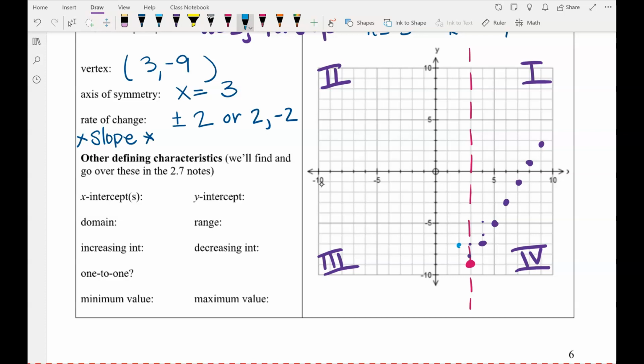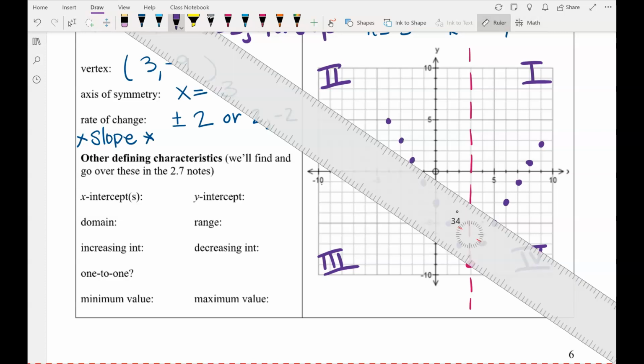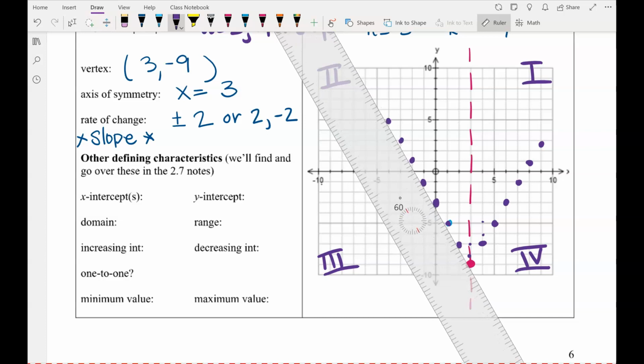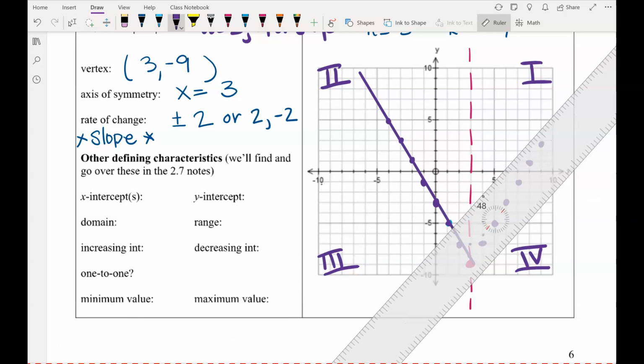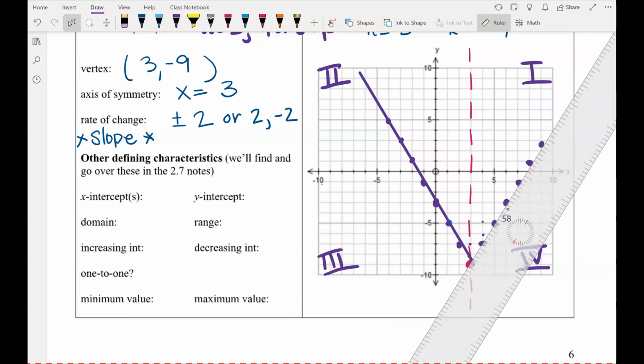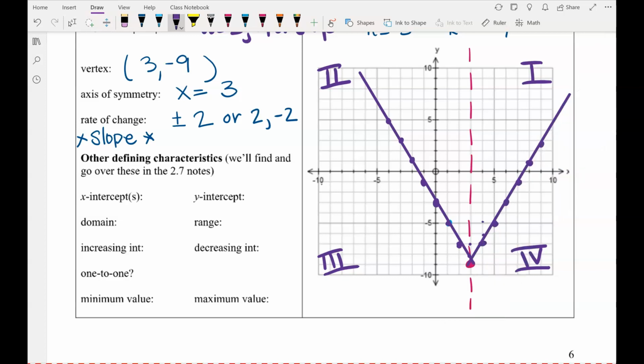So up 2, left 1, and repeat. And then bust out my ruler. And then that's it. This will be saved for later. That's the end of our notes.